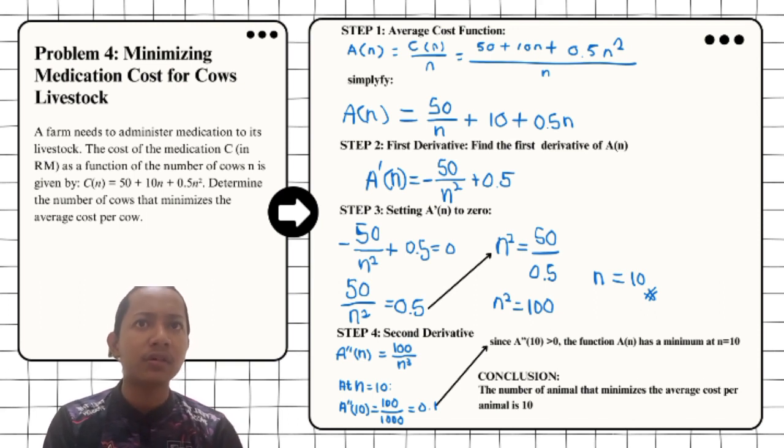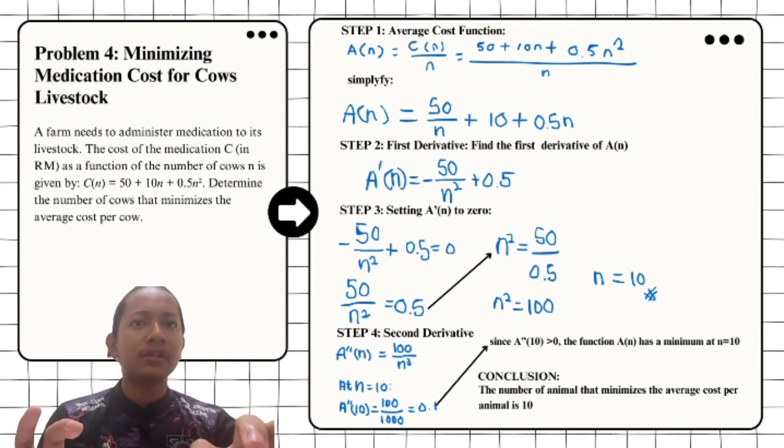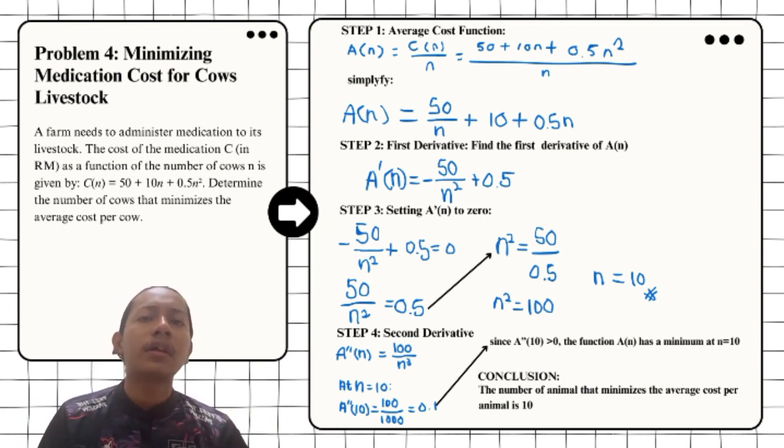For n, the last setting of the first derivative A prime (n) gives n is 10. For the second derivative, A double prime (n) equal to 100 over n to the power of 3.